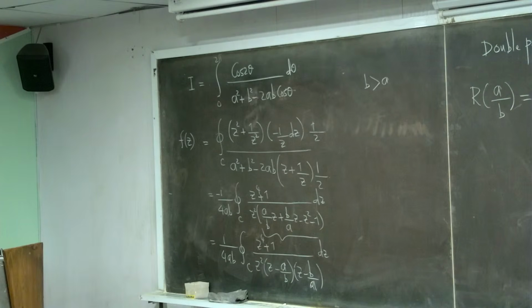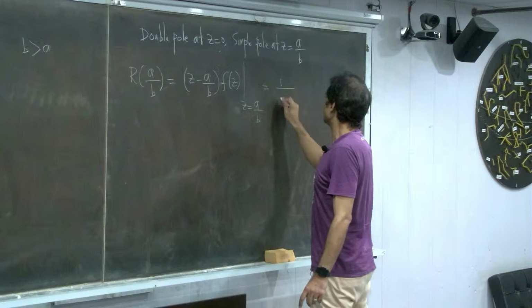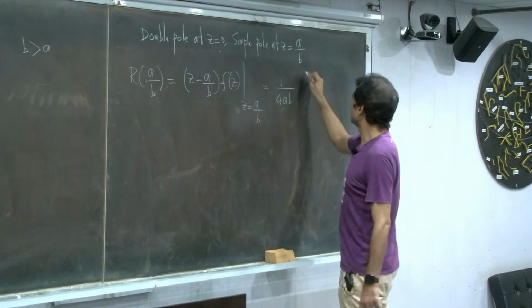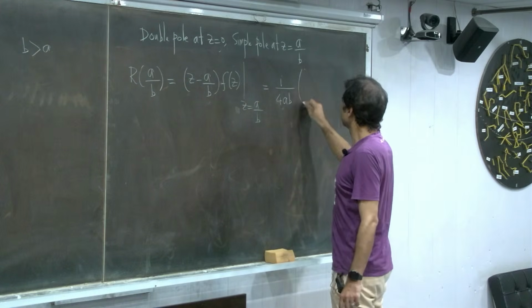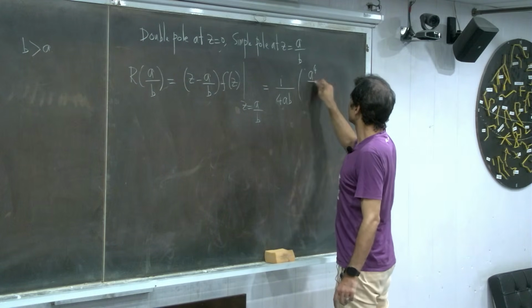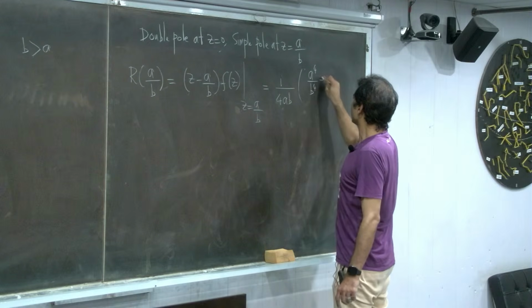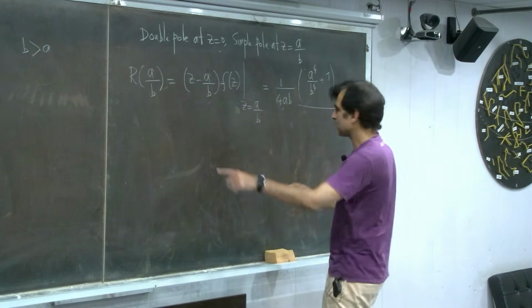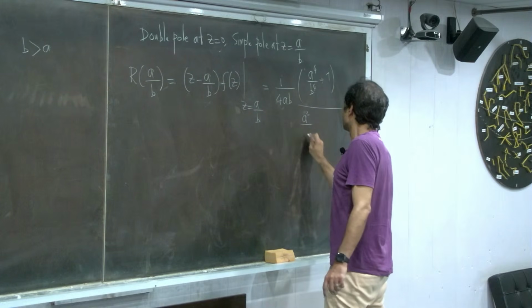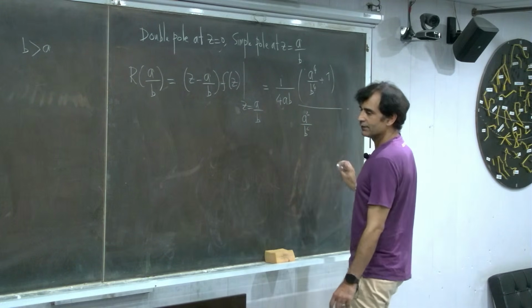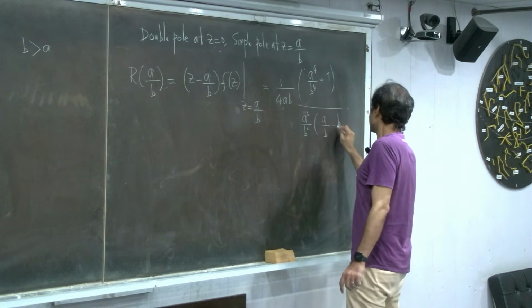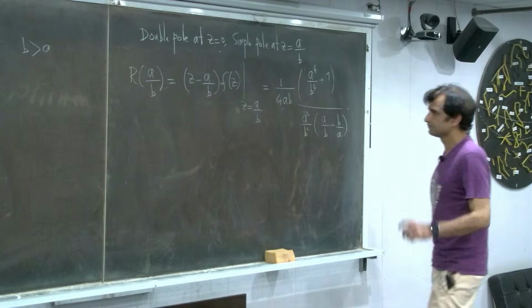So you have iota over 4ab, and then a to the power 4 over b to the power 4 plus 1, divided by a squared over b squared, and then you have a over b minus b over a. It's fine?